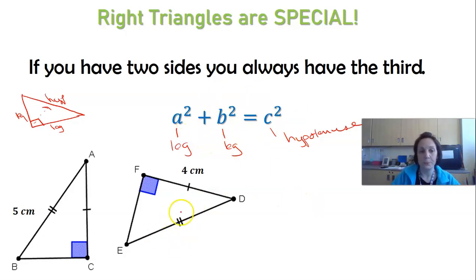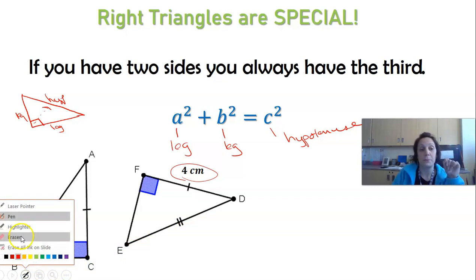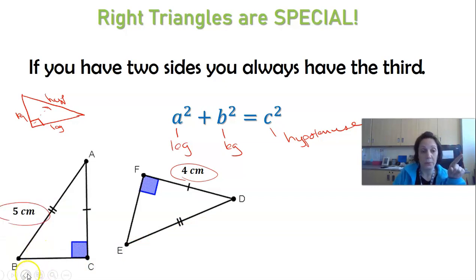So for example, in these 2 pairs of triangles, if we knew these 2 pairs of triangles were congruent, look, we've got 5 and we've got 4. We have 2 of the sides. Right? We can use a squared plus b squared equals c squared to find the third side. So because of that, I don't actually need 3 congruencies because I can cheat it a little bit with right triangles.